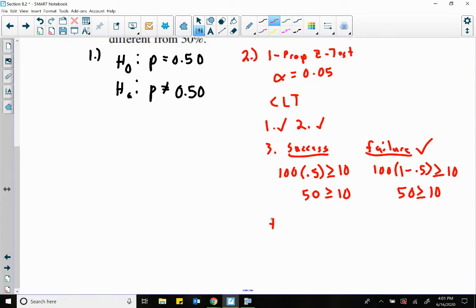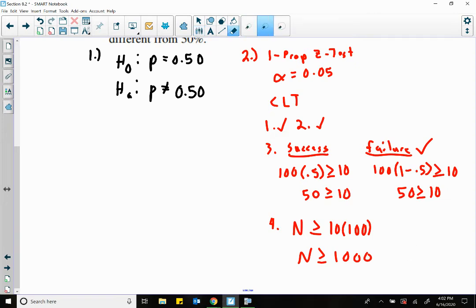And then 4 is, is the population bigger than 10 times our sample? So in other words, have there been more than 1,000 plane crashes?